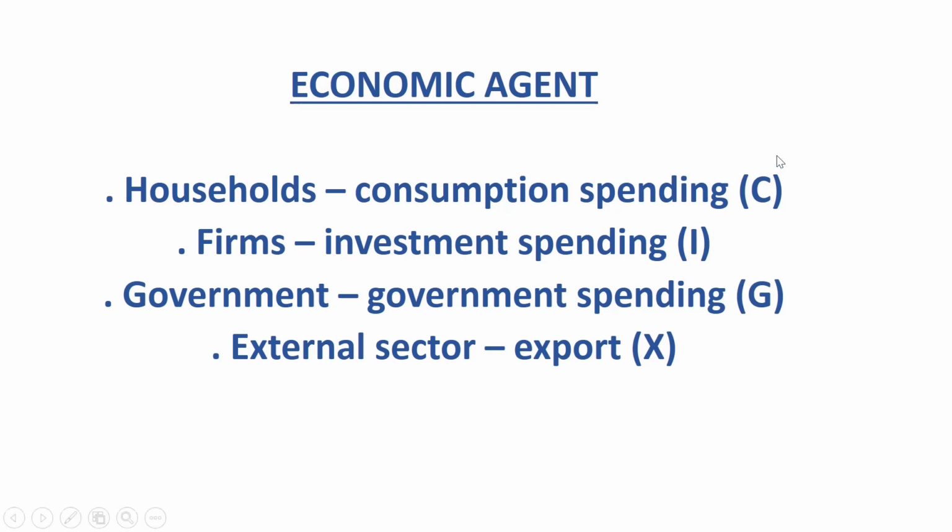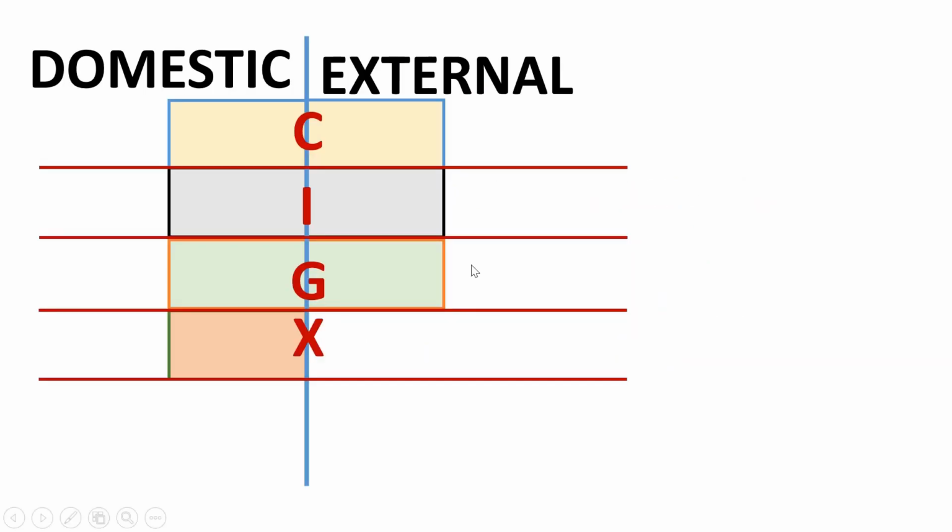Having looked at the components of spending that take place, let's move on to observe some conceptual framework. In this conceptual framework, we have the left side being the domestic economy and the right side being the external economy. Now, what we are saying here is that consumption spending, which is done by household, is not only made on goods produced in the domestic economy, but also on goods produced in the external economy.